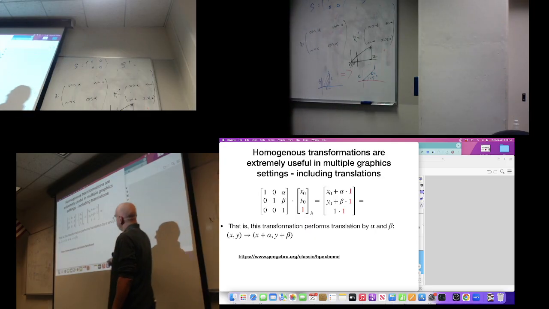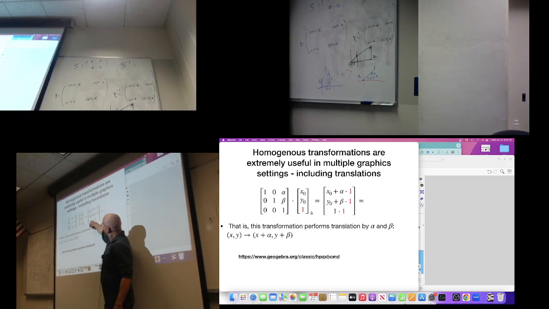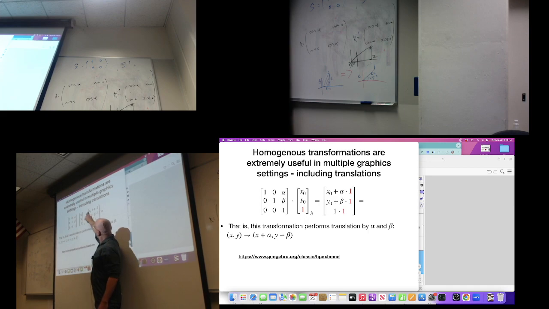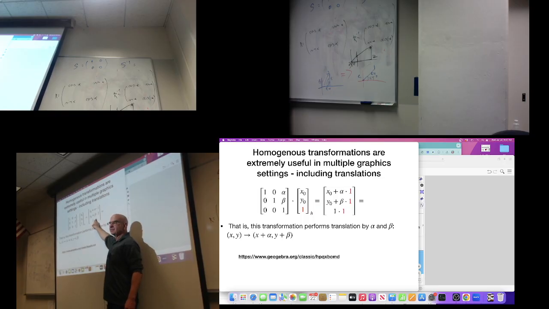Changing this to 2 will make the point x plus alpha, y plus beta, 1 times 2.